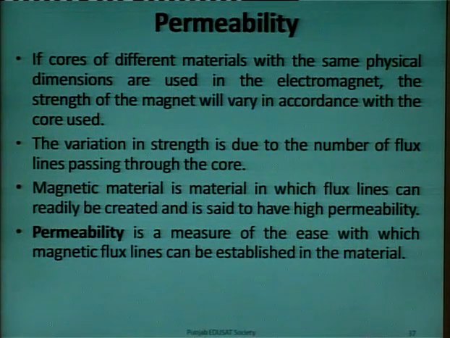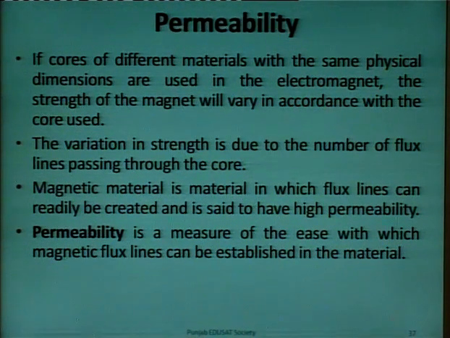Then we are having the permeability. It is an important property of magnetism of the magnetic materials. If cores of different materials with the same physical dimensions are used in electromagnets, then the strength of the magnet will vary in accordance with the core used.